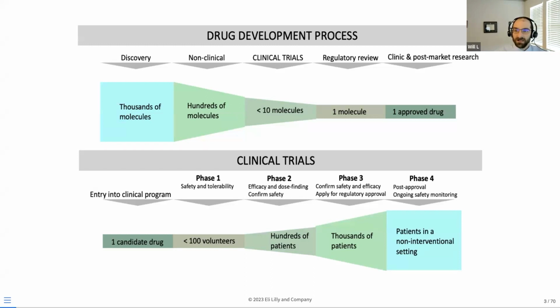And then the most promising of those go to regulatory review if there's enough evidence for the safety and efficacy. Those that pass review become therapies that are administered to patients in the real world.